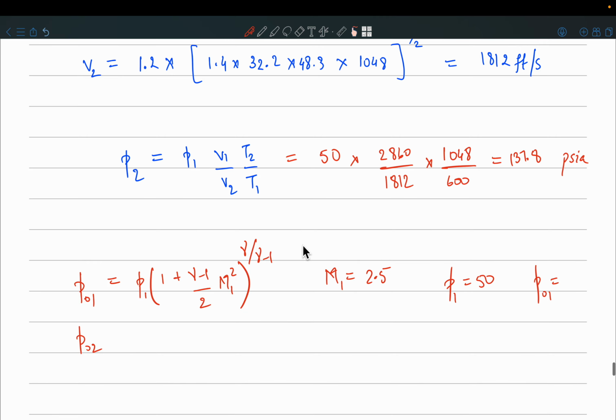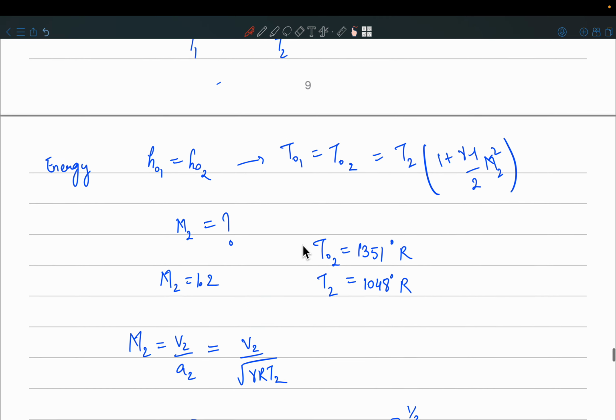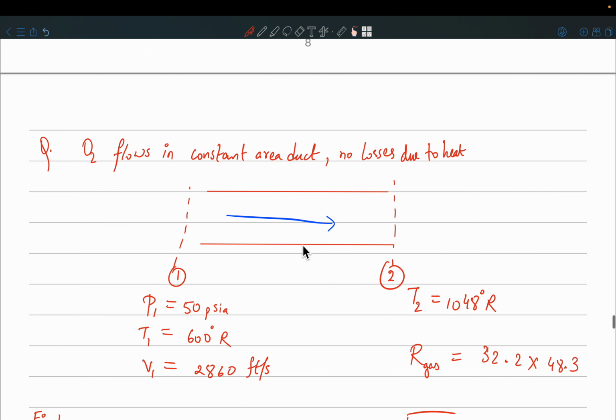It is assumed to be isentropic, but no, in the question it is not given isentropic. You can use adiabatic relations because there is no heat loss or heat addition. If you see carefully, what the question says is that it is a constant area duct and there are no losses because the pipe is insulated.